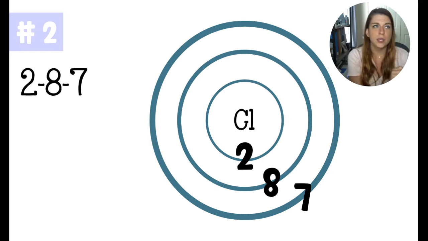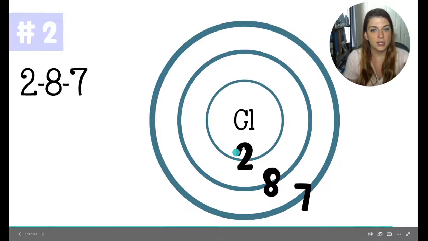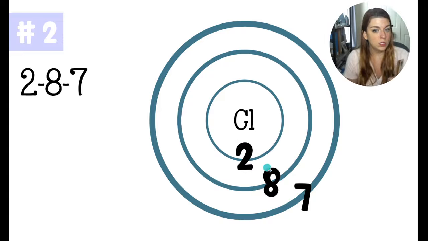Now, if you wanted to do the spdf configuration, these 2 electrons represent 1s2. Here we have 2s2 and 2p6. And then for chlorine, we would have 3s2 and then 3p5, depending on what your teacher is asking of you.